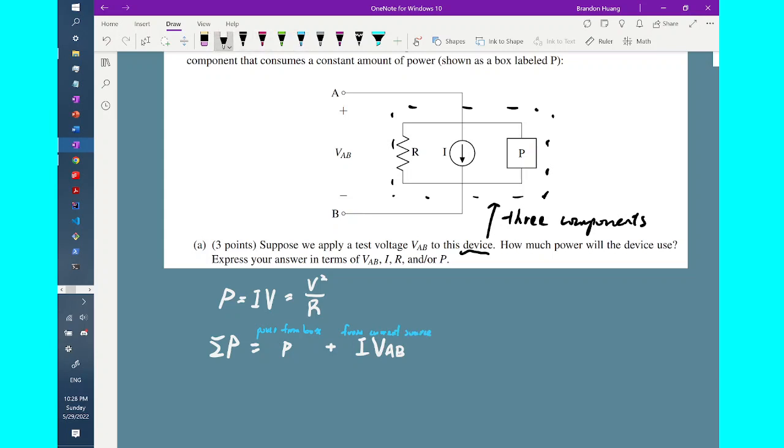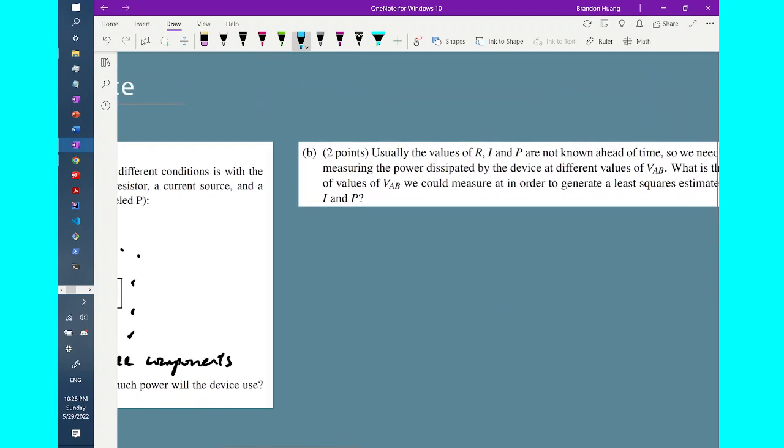And last but not least, the resistor must also dissipate power, and we can calculate this as V squared over R. And this R is given by its resistance value, and so this power is from the resistor. And then we get the sum power of these components, or the total power that this device used, to be this algebraic expression.